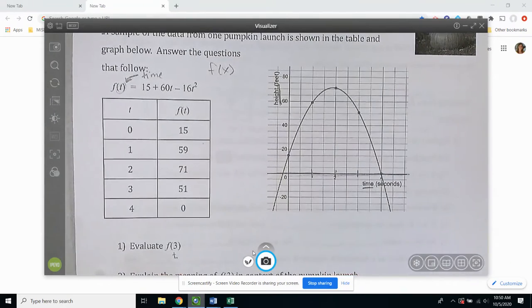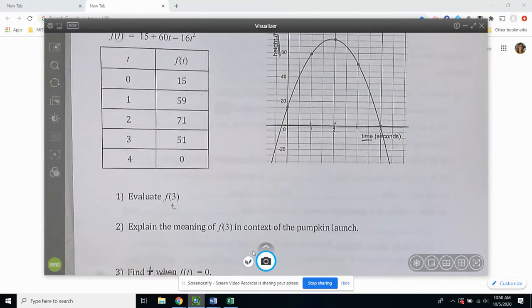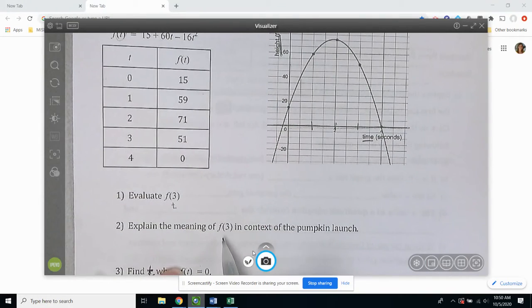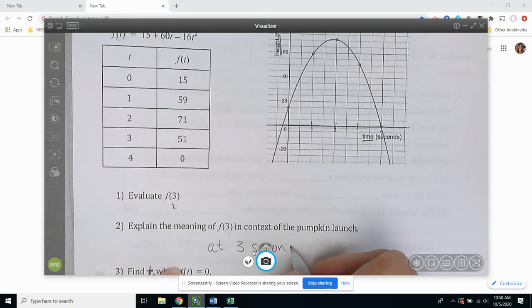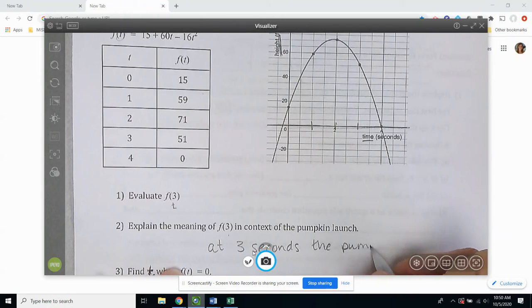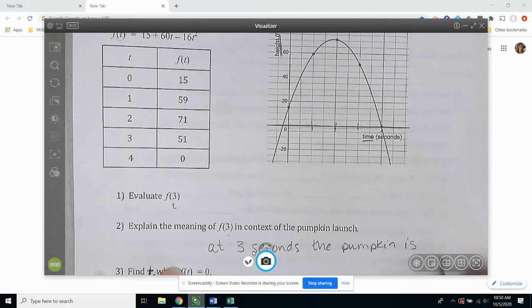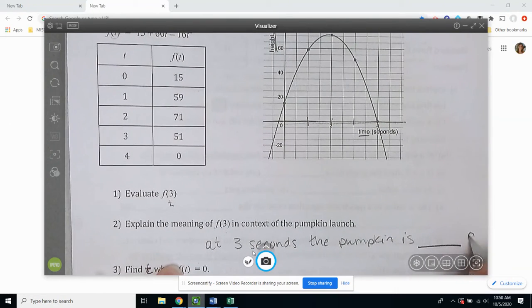The next one says, explain the meaning of f of 3 in context of the pumpkin launch. So I'm going to have you fill in the blank. At 3 seconds, the pumpkin is, I think it's measured in feet, blank feet high.